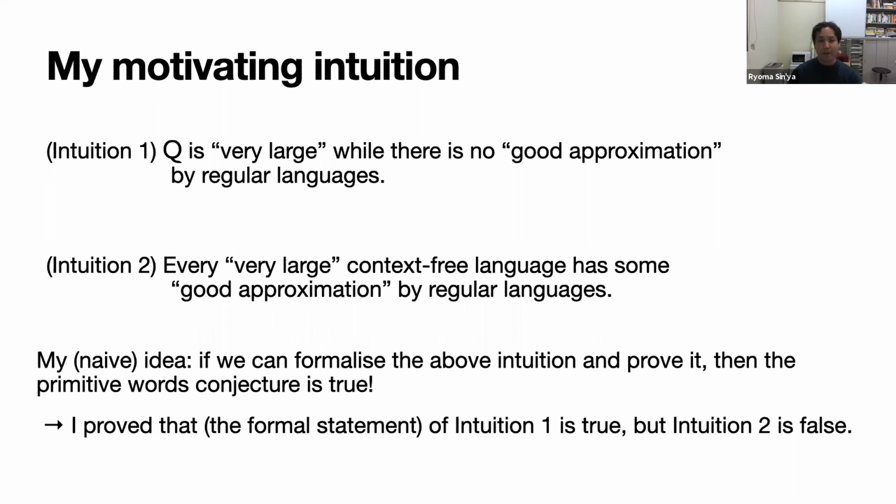Okay. So anyway, to formalize this intuition, we should define what very large exactly means and what approximation is. And actually, defining the approximation notion is very, very non-trivial, and there are several choices.